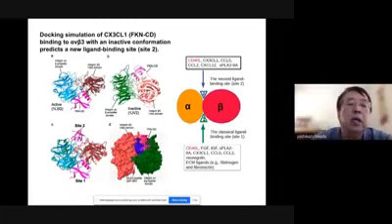So we pursued this direction further. Okay.